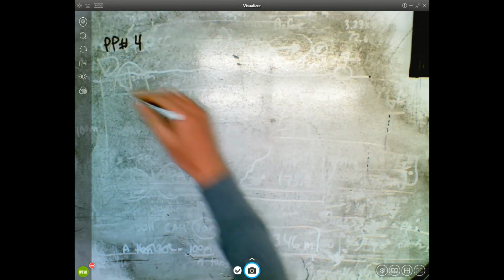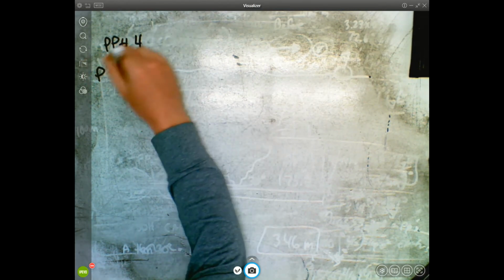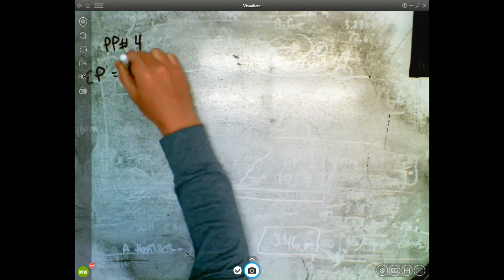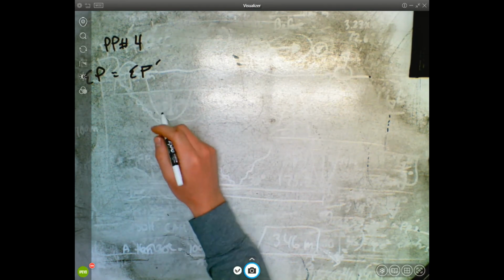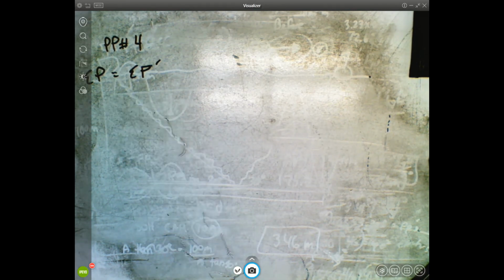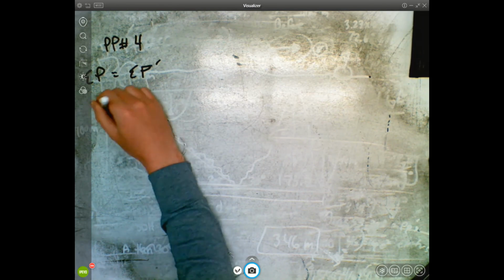So it's a 2D problem, so we're going to use physics principle number 4, where our momentum before equals our momentum after. And so before, it looks like we just have photon momentum.